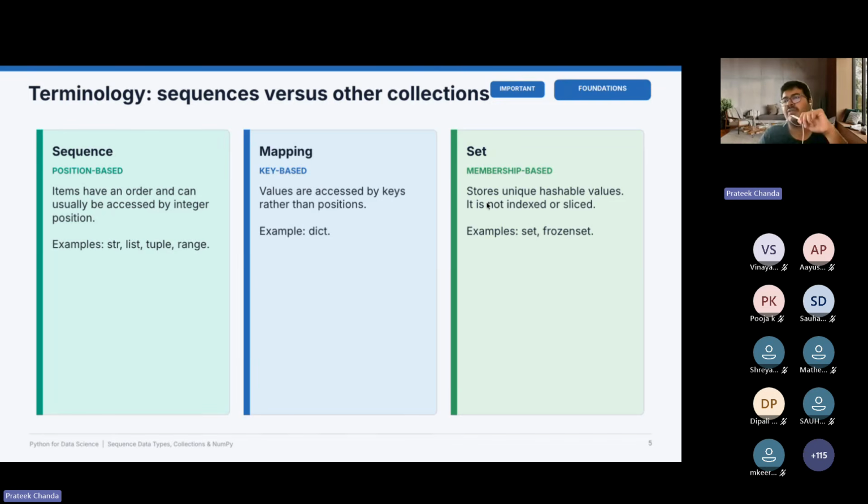Any ordering aspect we can think of as a sequence, which means there is a position associated with each item in the data type. Typical examples are string, list, tuple, range, and so on. And we'll look at why this position is important, because, for example, indexing is a useful concept in Python.